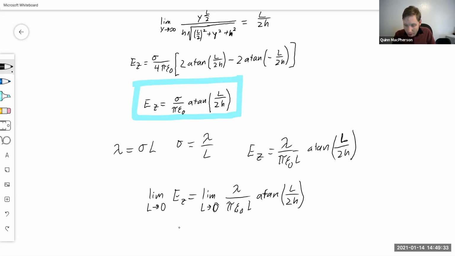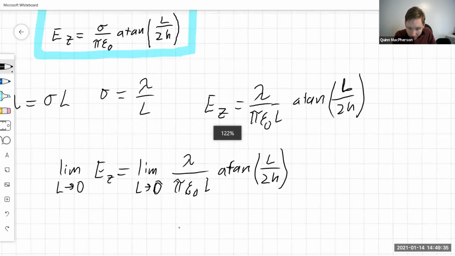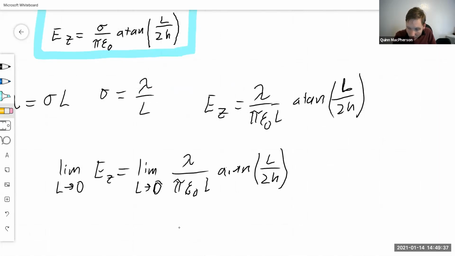Okay, my handwriting didn't get so bad. So that quantity is, well, if you could do this limit, one way to do this limit is to use L'Hopital's rule. I'm too lazy to write out L'Hopital's rule, so I'm going to use another rule. The rule is that arctangent of a small quantity is roughly equal to that quantity.